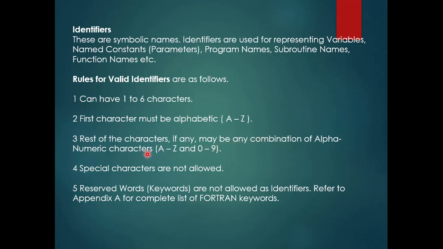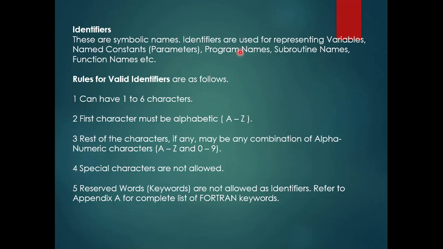Then special characters are not allowed. Then reserved words or keywords are also not allowed. There is a certain list of FORTRAN keywords as well that we will see afterwards. So these are the 5 different rules for the identifier.